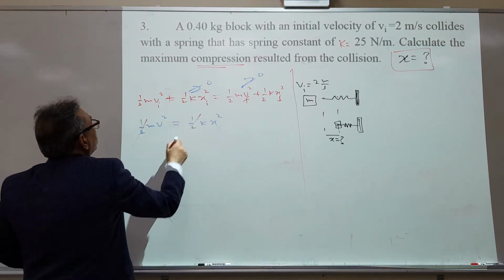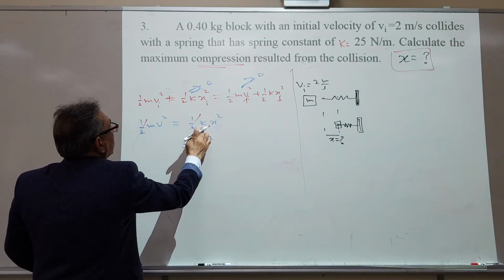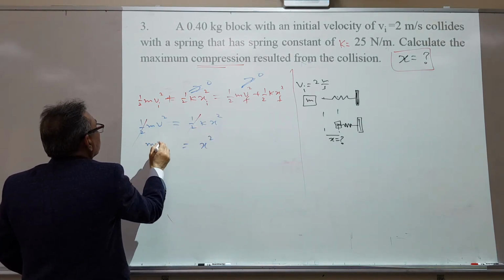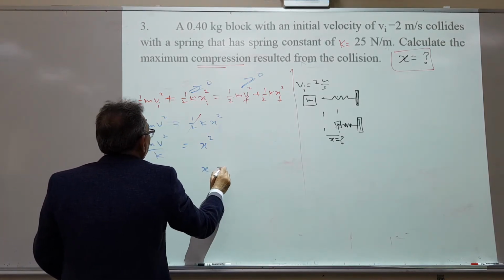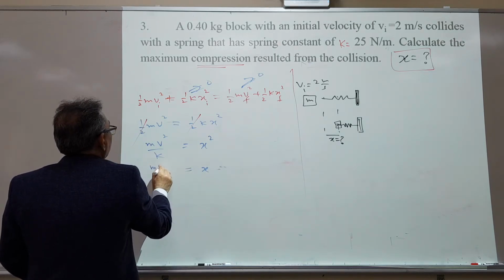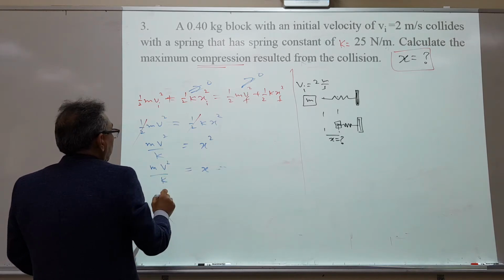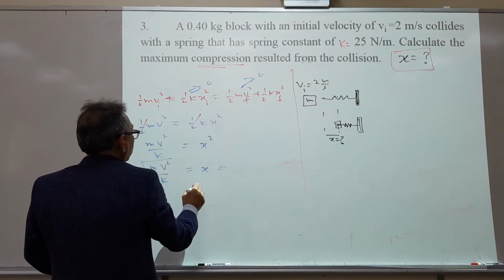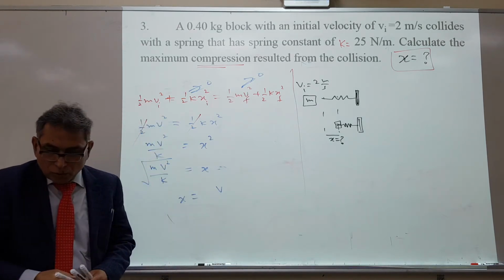Half goes with half. You need to find out x, take k here, and then take the under root, so x will be the square root of m v square by k.